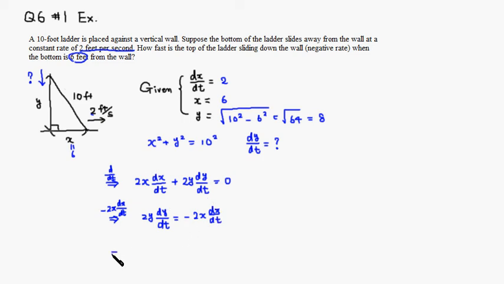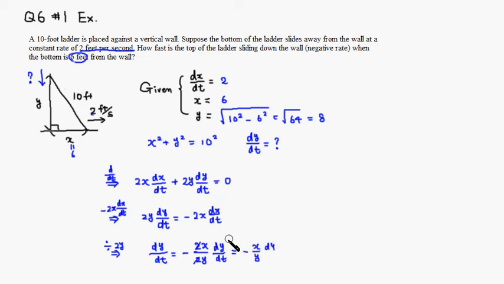Then we need to get rid of 2y, so we just divide through by 2y. So we can isolate dy over dt, which is equal to negative 2x over 2y times dx over dt. Then the 2's cancel out.